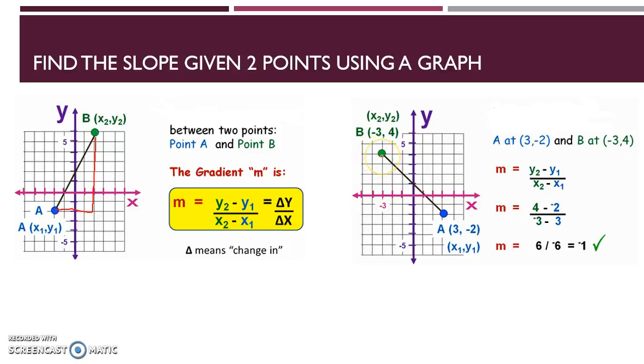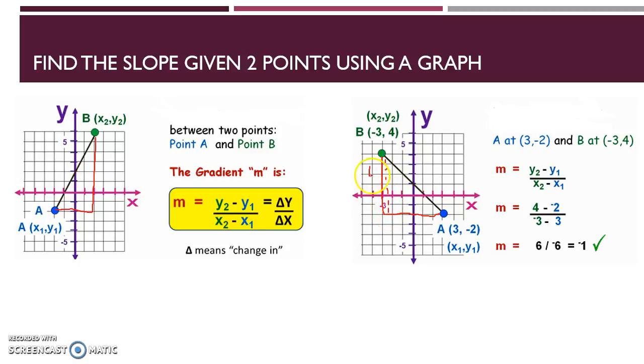Here between point A and B, 3, -2, and -3, 4, we would simply, and you can do this with any 2 points, given any 2 points, you put them on the coordinate plane and then you count. So this is 1, 2, 3, 4, 5, 6.